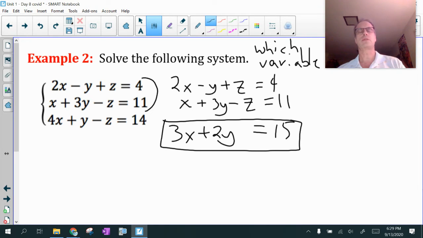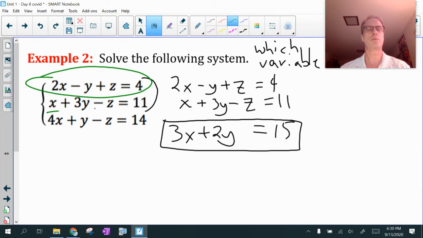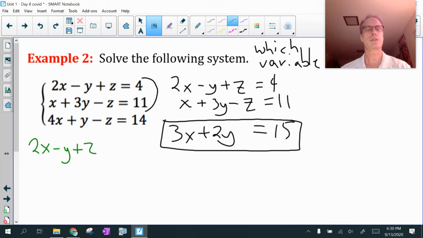Let me see what I can do about coming up with the next one here. It looks like if I combine together this equation with this equation, since the z's are already opposite signs of each other, they should cancel out really nicely. So let's do that here. 2x minus y plus z equals 4.